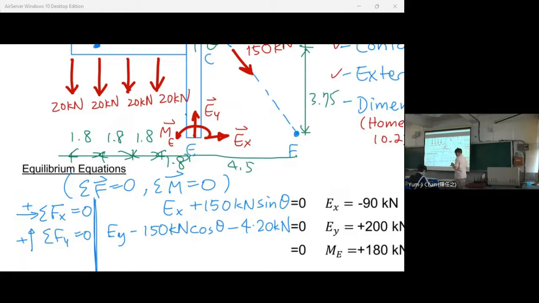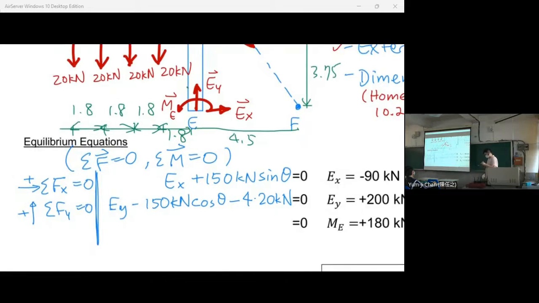You can take any point. But of course, the easiest point is E, because the moment of Ex would be 0, and the moment of Ey is also 0. So it is easier to take point E.